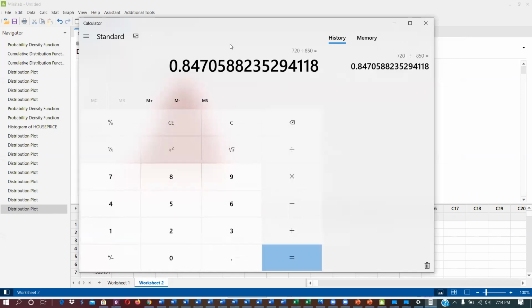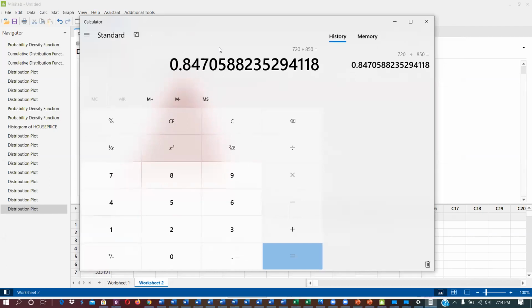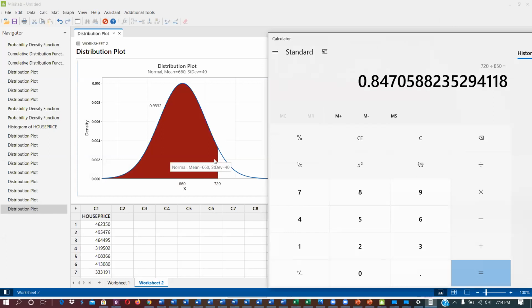And then what do I get? What is my percent? 84.7% I scored. But here in percentile, when standard here, I got 93 percentile, 93.32 percentile precisely. So this is the difference between percentage and percentile.